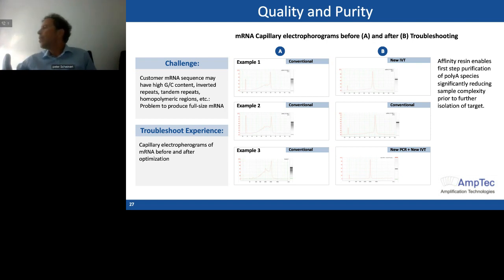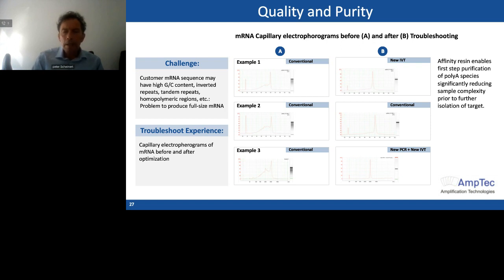This means that the affinity resin enables a first-step purification of poly-A species, so aborted products which don't have the poly-A tail will not be purified. So we have a very nice selection of poly-A containing full-size mRNAs in this context.